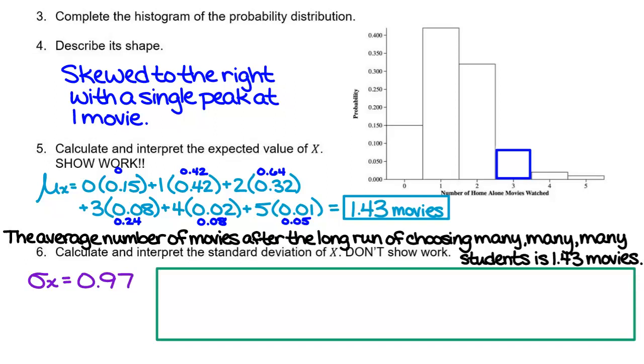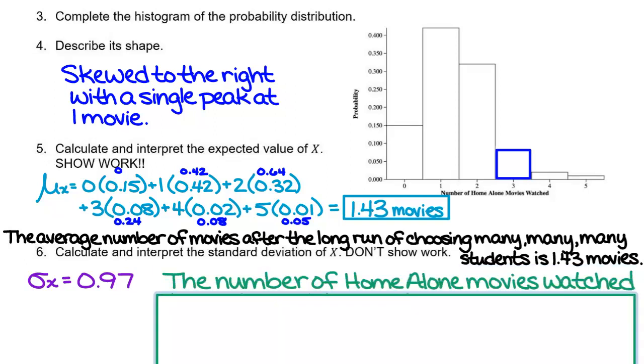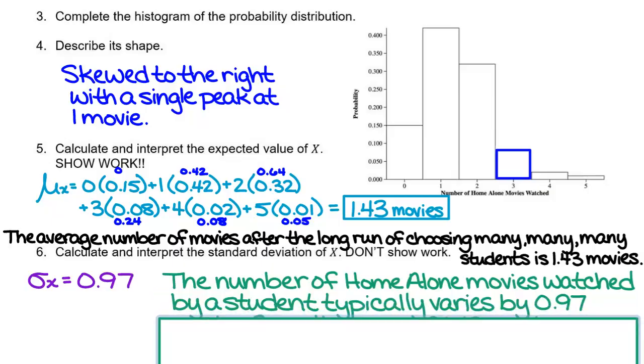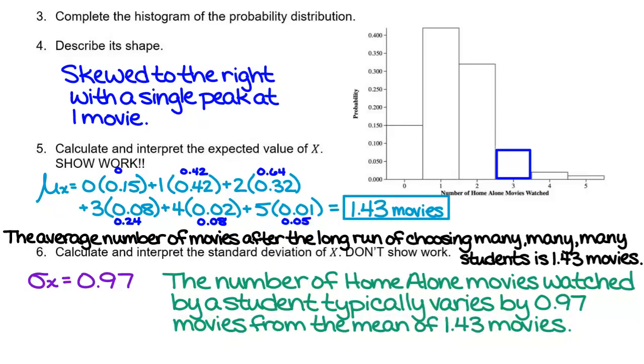Typically varies. The number of Home Alone movies watched by a student typically varies by 0.97 from the mean of 1.43 movies. Typically varies by 0.97 movies from the mean of 1.43 movies.